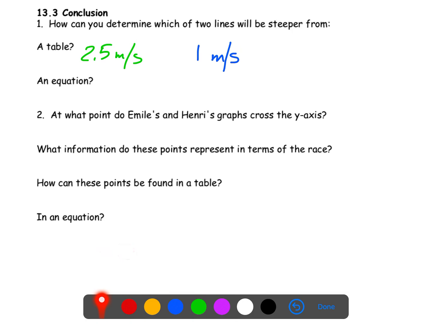We're also talking about the equations and what form that equation must fit into to be a proportional relationship. We need to see that constant of proportionality, that k value, and have nothing else impacting that relationship like we did here with Henry. Henry was given a head start, an extra distance, which created a relationship that wasn't proportional.